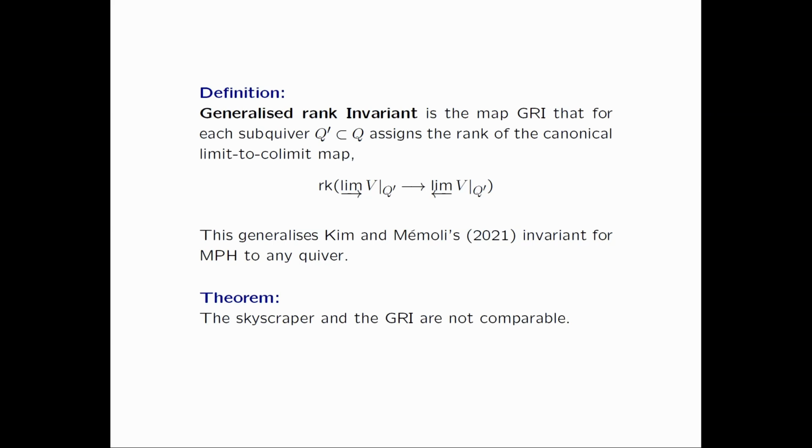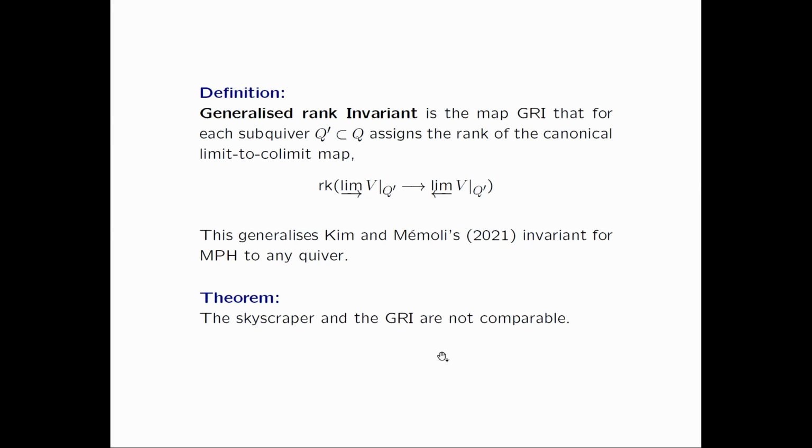Okay, so because I do it for every subquiver and restriction of it, this gives me a lot of new invariants. And indeed, it's clearly stronger than the standard rank invariant. Here, they defined it in the multiparameter persistence setting. You can do it for any quiver, it doesn't have to be commutative, etc. So it's a small generalization.